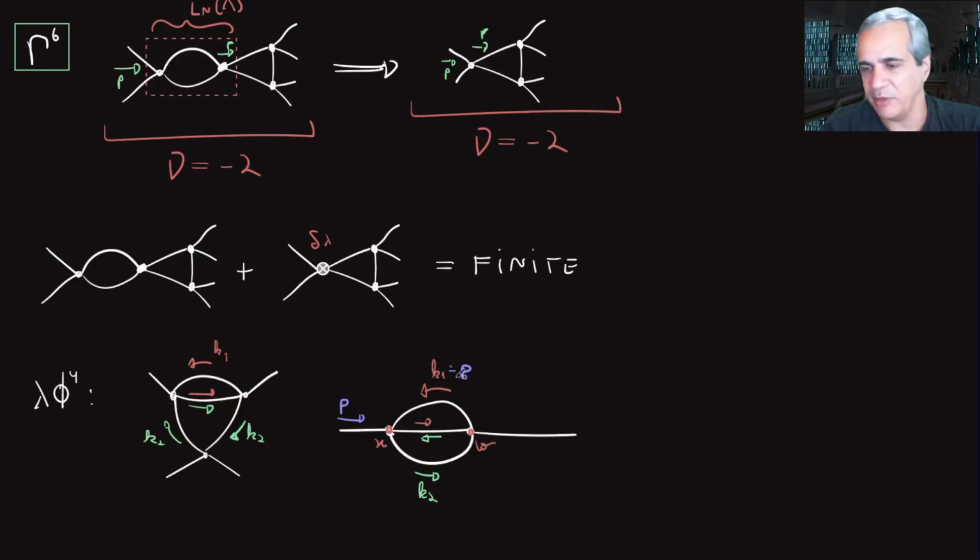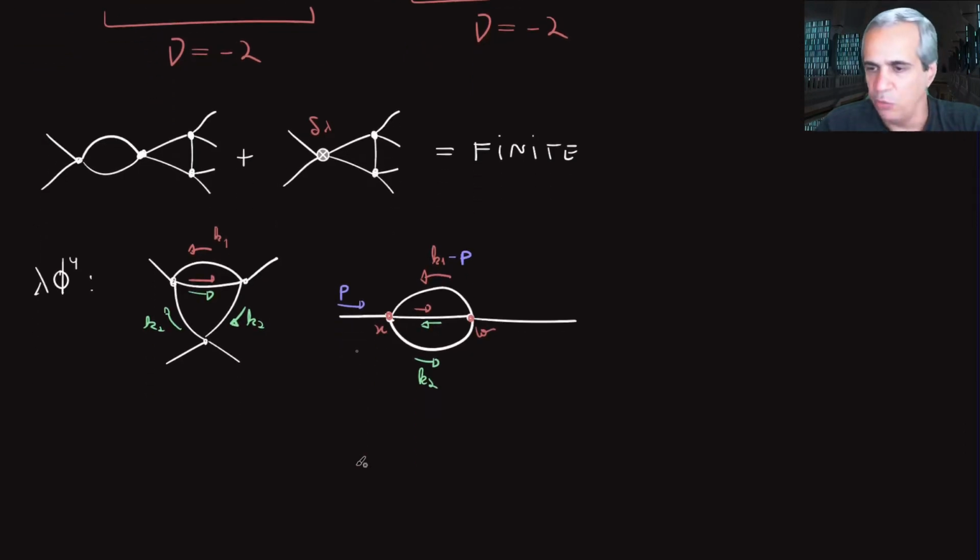The asymmetry I generated here is artificial because I decided to put P there. But just for the sake of exploring, let's take K2 big and K1 small. This is equivalent of bringing X and W really close to each other on this side, collapsing this loop to a point without collapsing the top loop to a point.